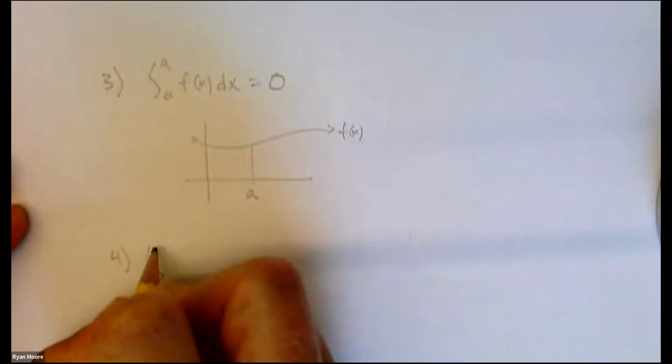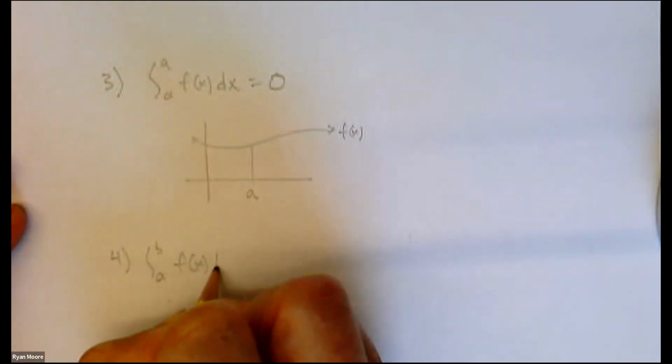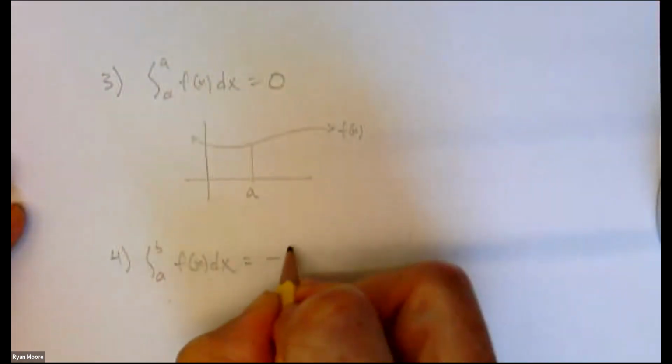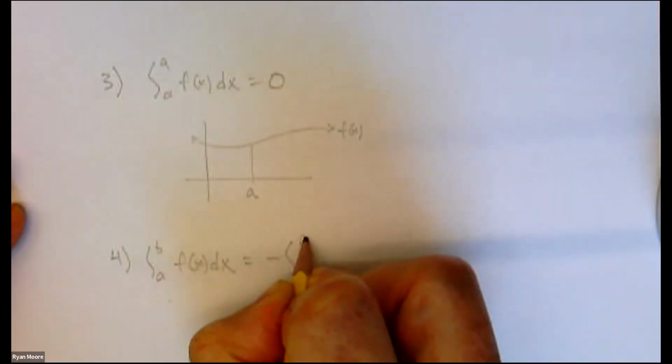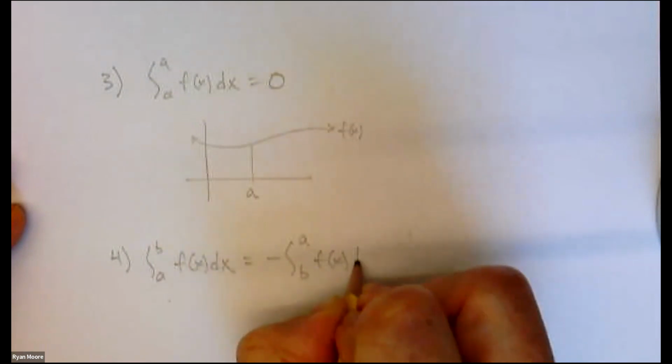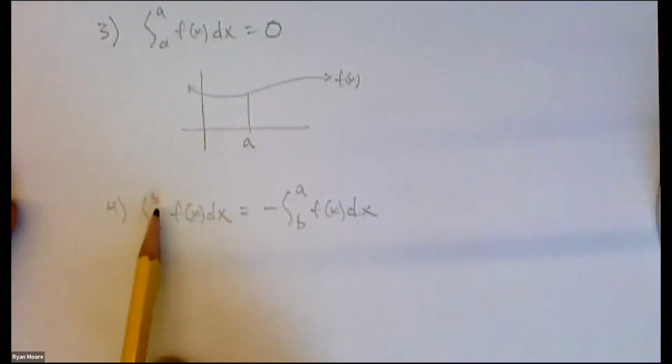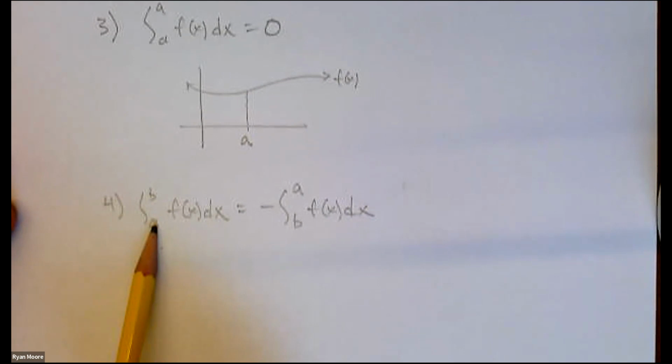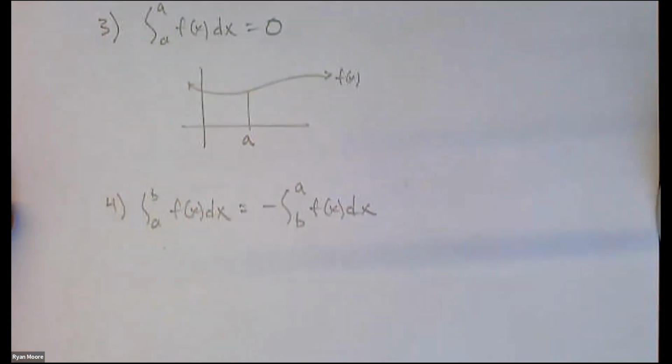The next one, a to b f of x dx is equal to negative integral from b to a f of x dx. By the way, whenever you read these, always read the number on bottom first. From a to b, this you would read from b to a.